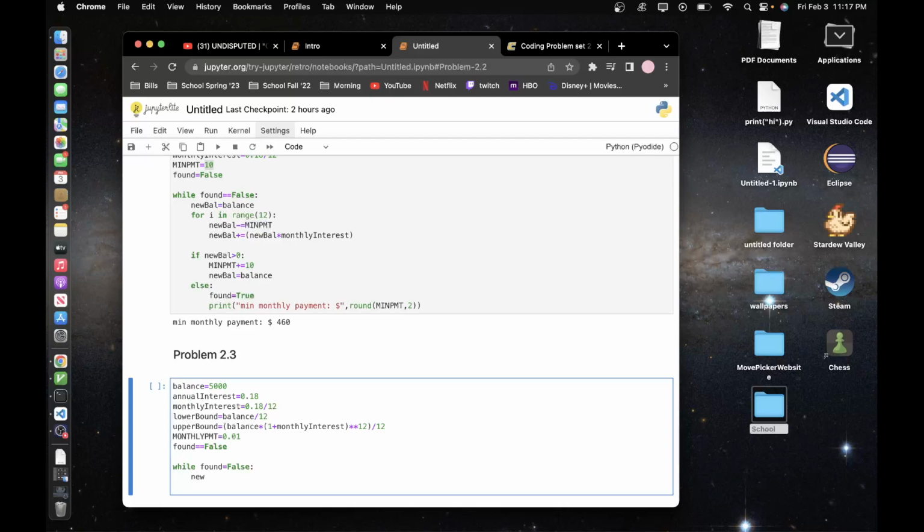So obviously we do new balance, and then the smallest payment is gonna be a combination of lower bound and the upper bound, and then we're dividing that by 2. At least I think the smallest payment is lower bound plus upper bound divided by 2, which gives us the average.